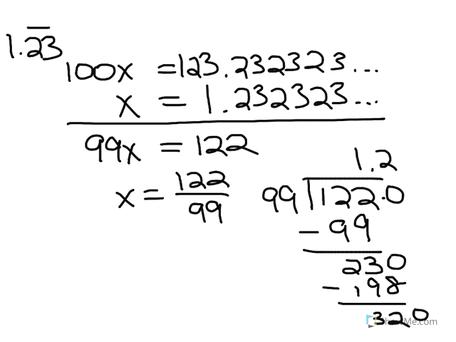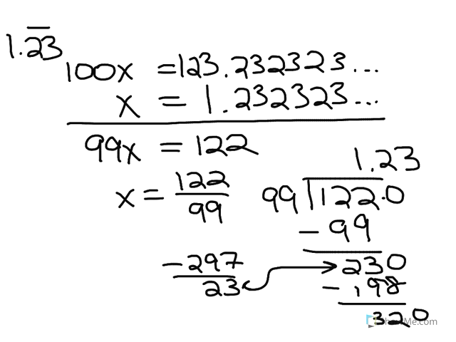Bring down another 0. 99 goes into 320 3 times. 3 times 99 is 297. 320 minus 297 is 23, which puts us right back where we were the first time we wrote out a 2. So the next digit's going to be 2, and then 3, and then 2, and then 3, and so on forever. So we do have the right fraction. This fraction is equal to 1.23 repeating forever.